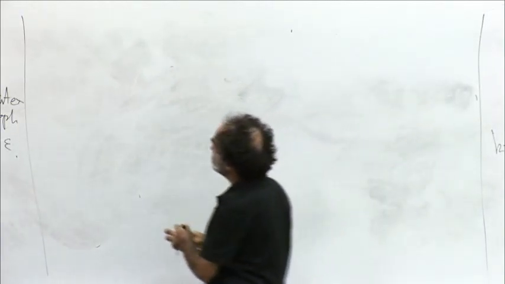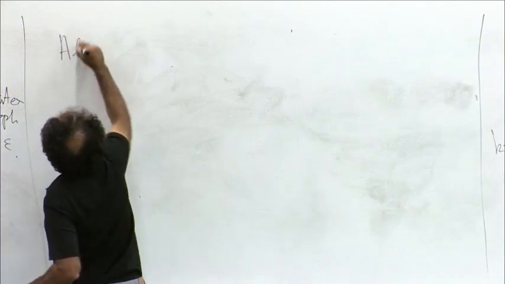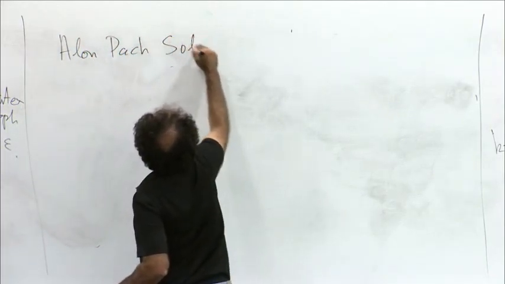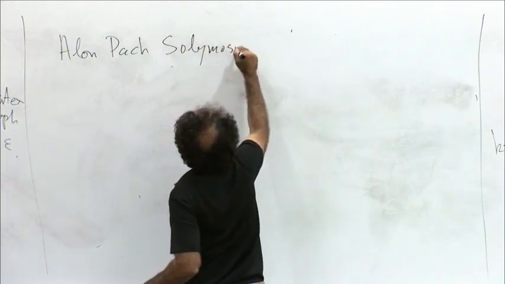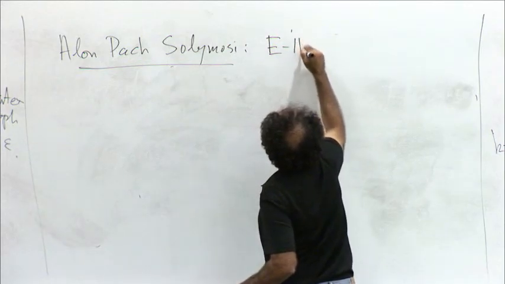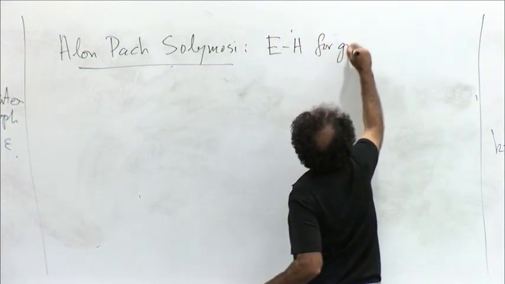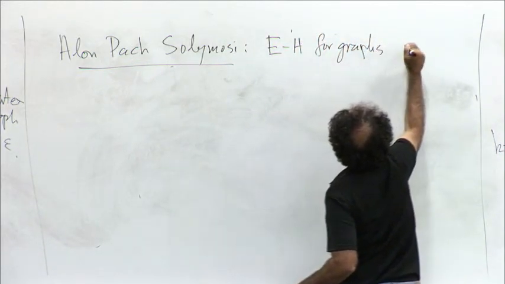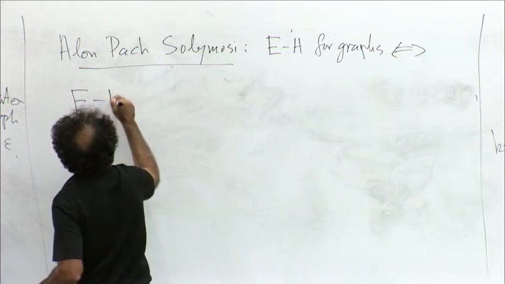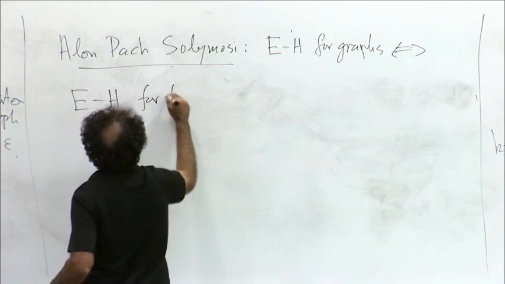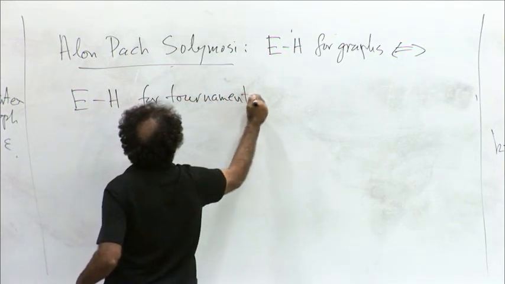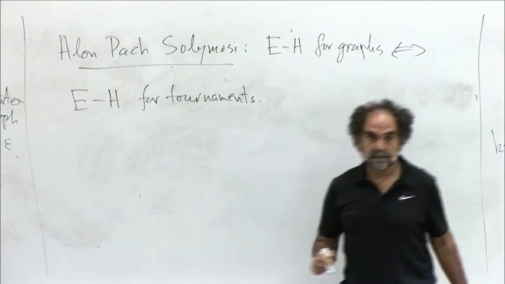Alon, Pach, and Shoimoshi proved that Erdos Hajnal for graphs is equivalent to Erdos Hajnal for tournaments. It requires some explanation.